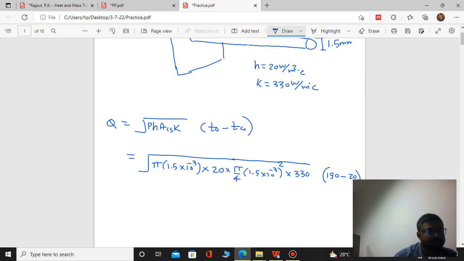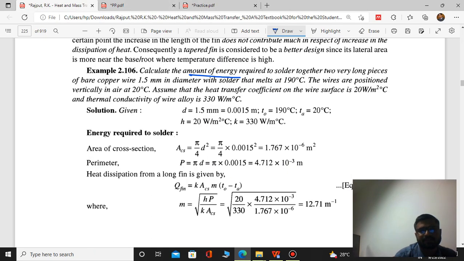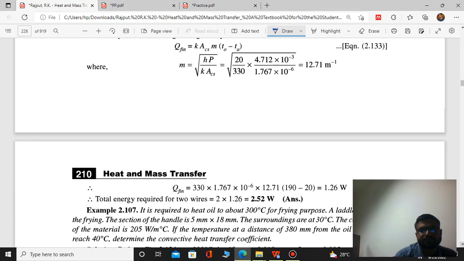So the answer is 1.26. Let us check that answer. Okay, so here you can see that the answer is 1.26.